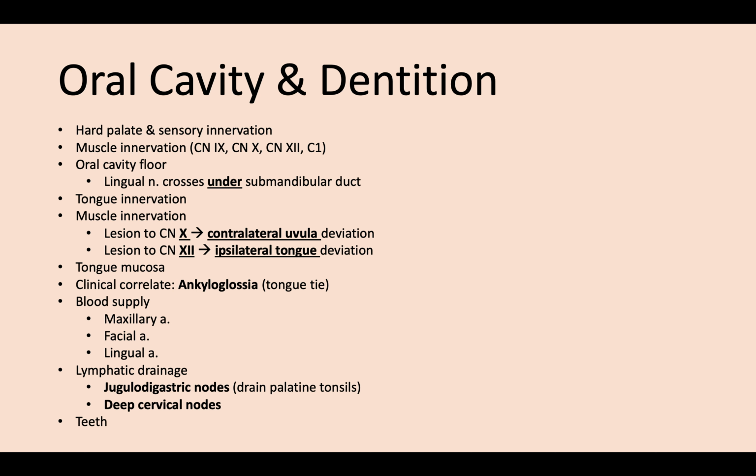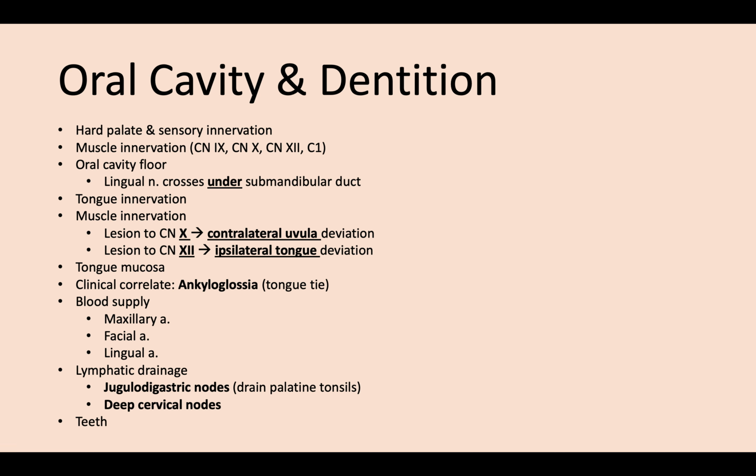Okay, so our last section is the oral cavity and our teeth. And so we've got, again, muscle innervation. We've got cranial nerves 10 and 12. So know that cranial nerve 10, if we have a lesion there, it's going to be contralateral uvula deviation.